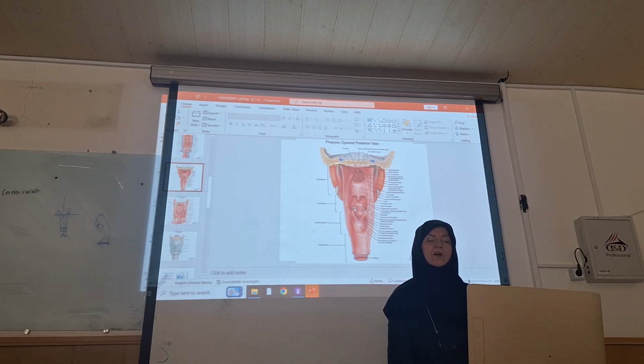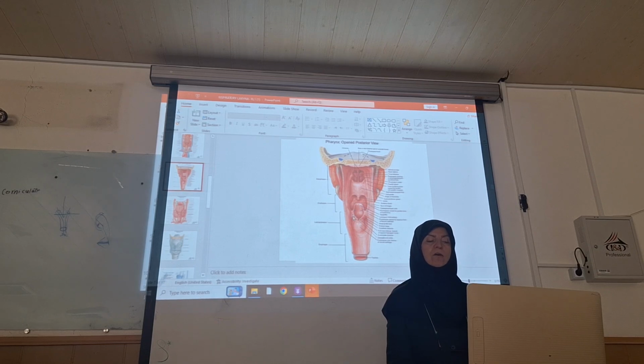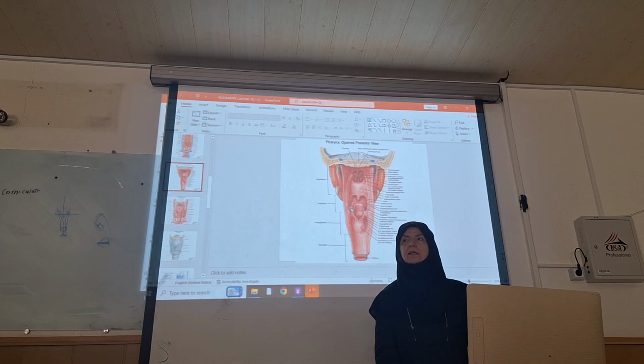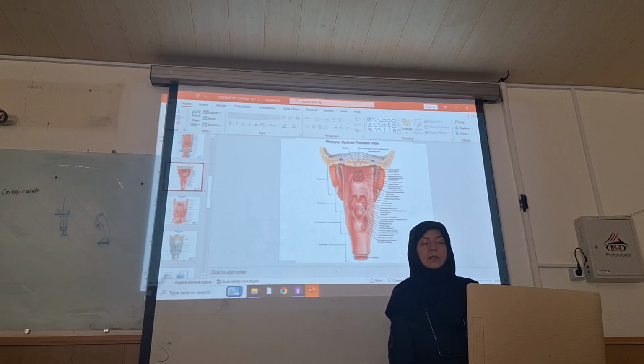Does the epiglottis also participate in forming the inlet of the larynx? Yes. So the epiglottis and the two aryepiglottic folds are the structures in the peripheral part of the inlet of the larynx.